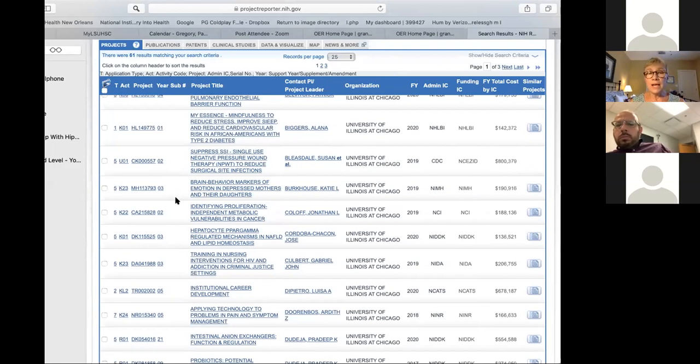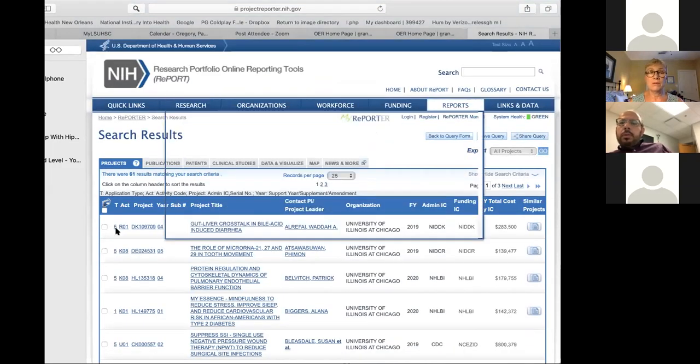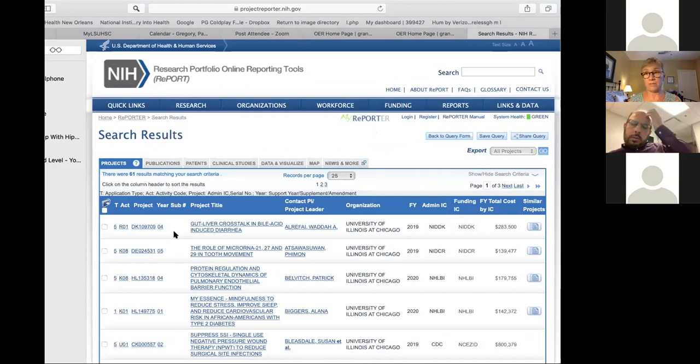The other thing I highly suggest is that you go in and pick your topic, and go through RePORTER and find all the different kinds of grants on your topic. And what you will find is two things.